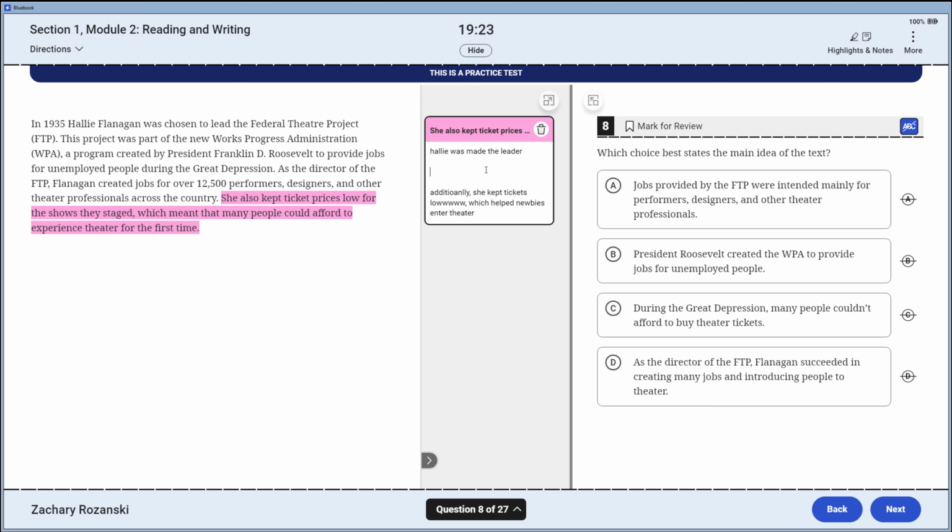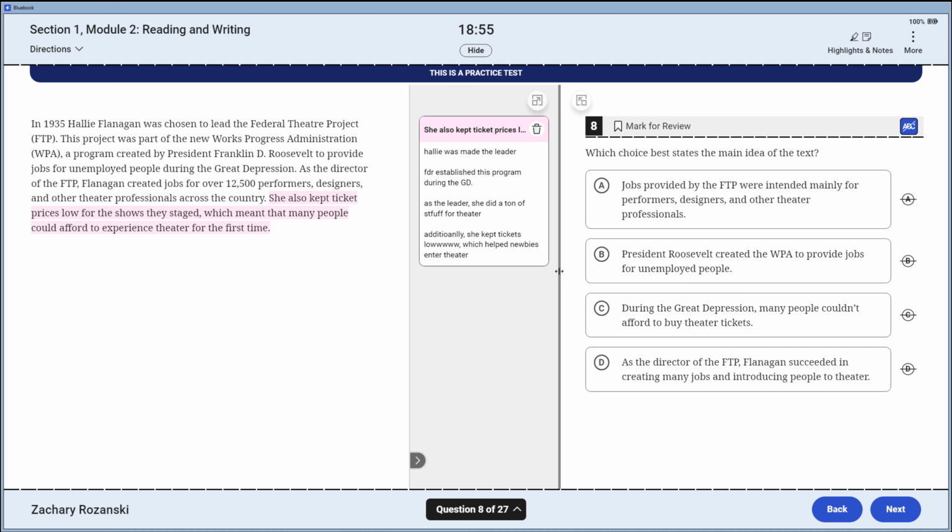In the next sentence, FDR established this program during the Great Depression. Next sentence, as the leader, she did a ton of stuff for theater and then also theater for other people. So she was made the leader. This is kind of like a why. As the leader, she did a ton of stuff for theater.